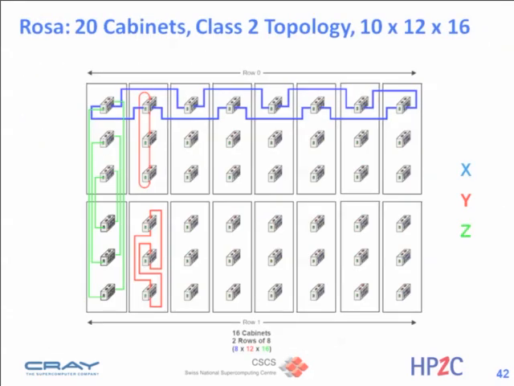For example, in this picture, suppose these are cabinets, and these are the cages within the cabinets. If you want to connect these cages together, a naive way of thinking would be to send a cable from here to here and so on, and then you need to close the loop for the torus, so you would need a cable that goes between these 2 cages here.